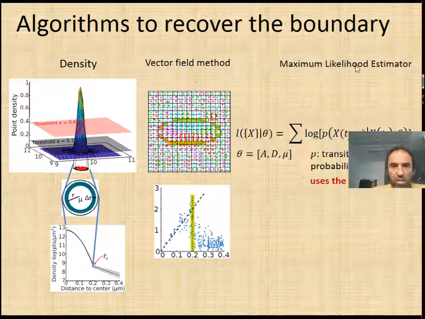based on the maximum likelihood estimator, by the minimization of this a posteriori probability for the transition motion.